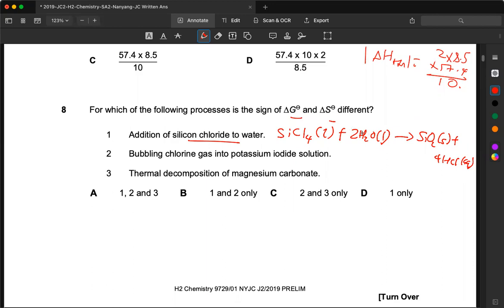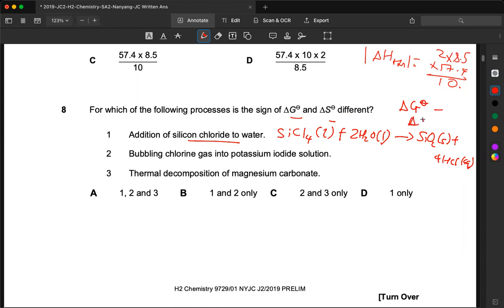Will this reaction be likely to form? Yes, this reaction can occur quite easily, so delta G is negative. Negative means favorable to form, so likely to happen.